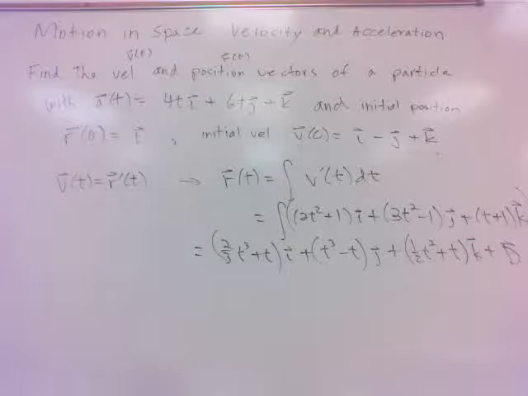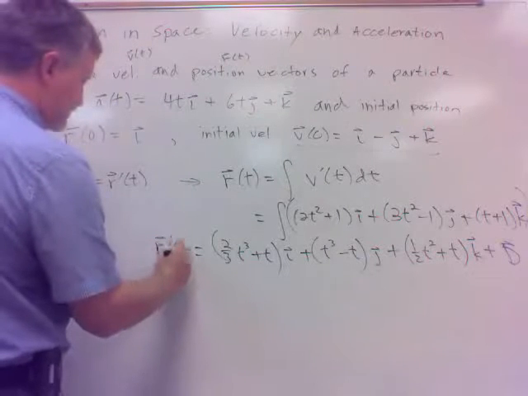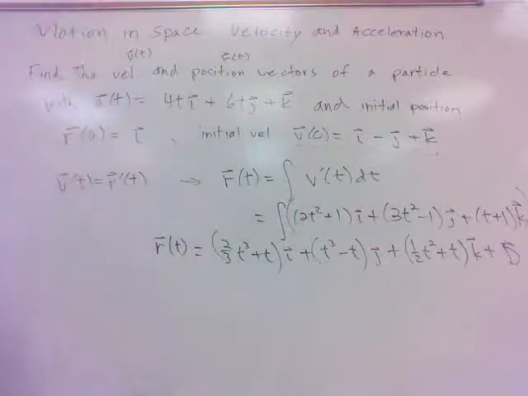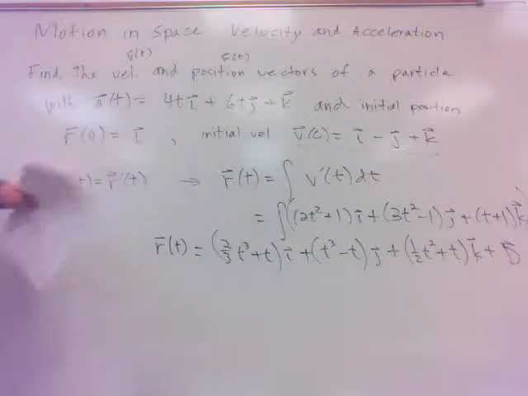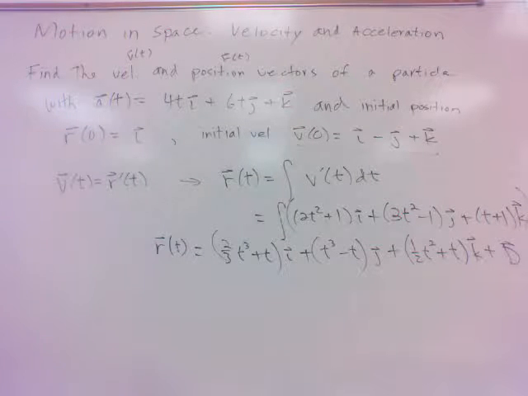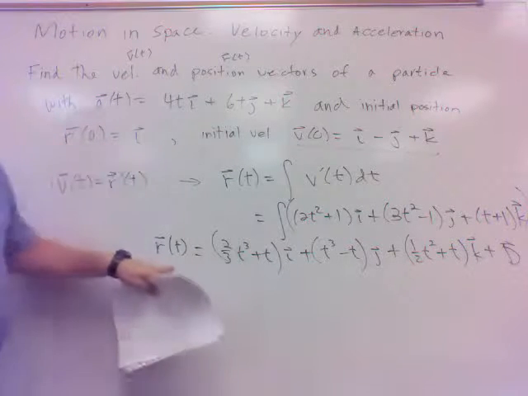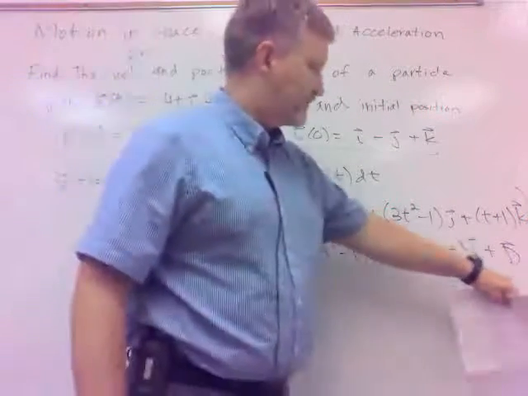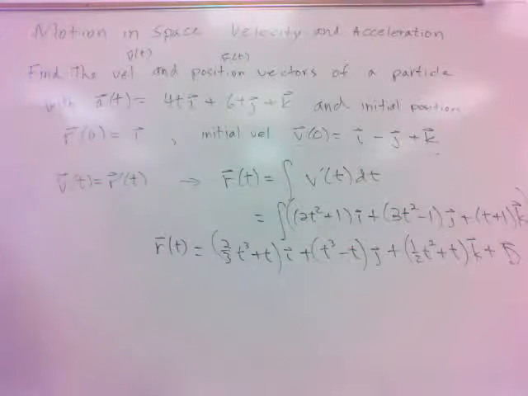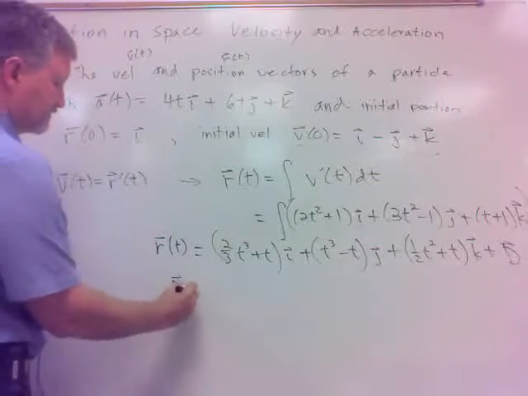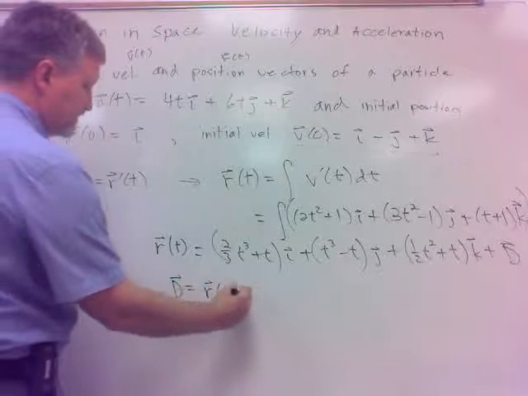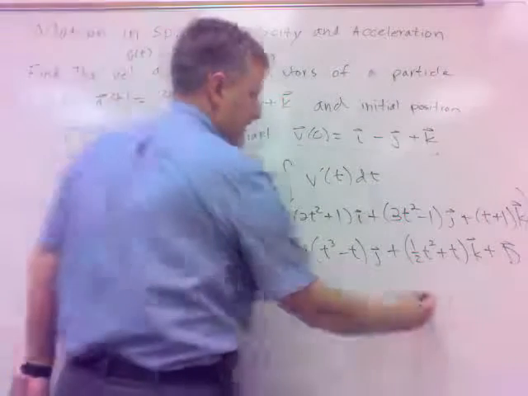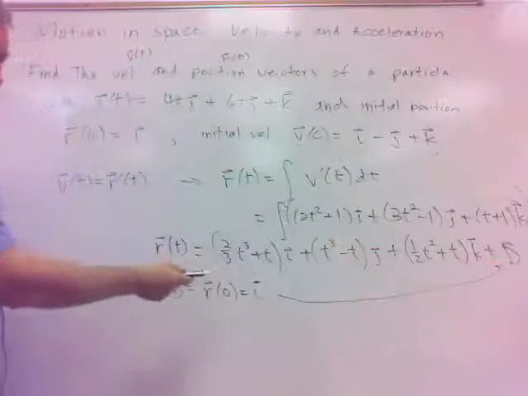Once again we can get the d vector from the given information: the initial position vector at 0 is just i. If we plug in 0 to what we've got, that's 0, that's 0, that's 0, so d is r0, which is i. And so if we plug that in, all that adds is something to the i.